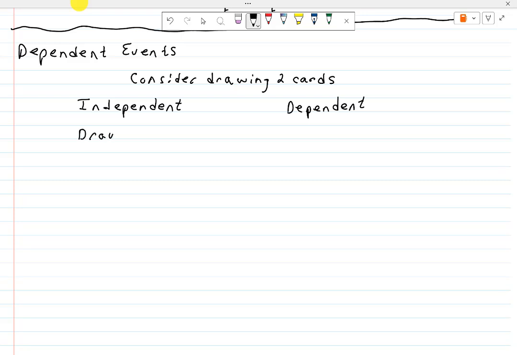Draw 1 card, record its value, put it back, and reshuffle.